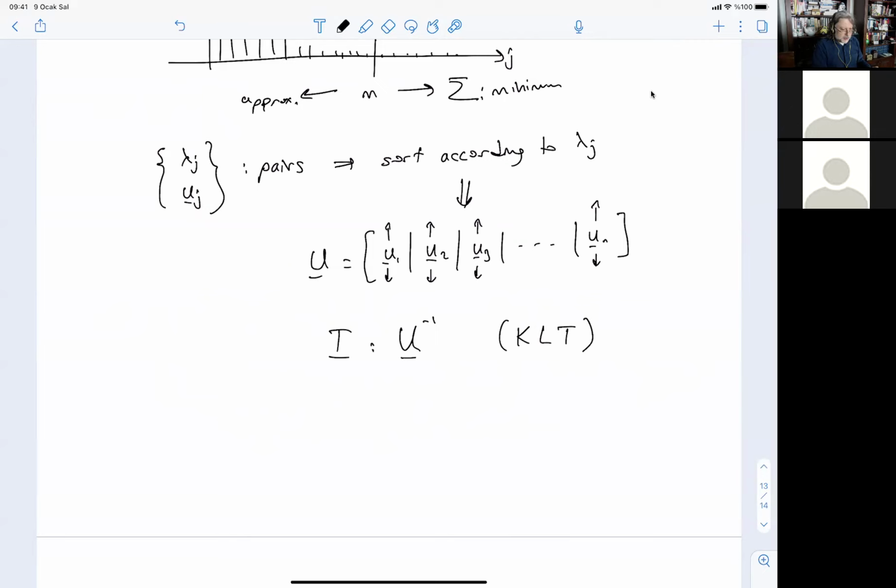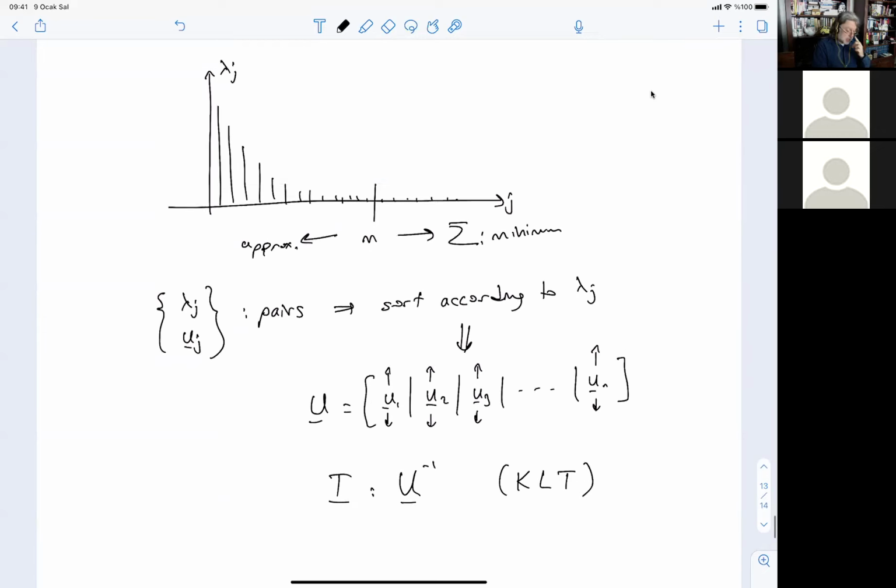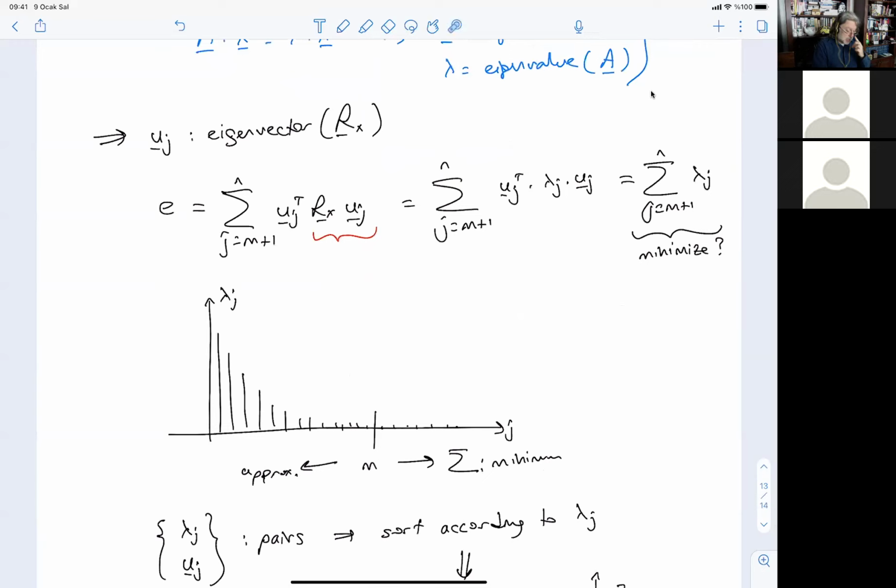So how do we obtain an optimization? We obtain an optimal transform, a statistically optimal transform, if we know the autocorrelation. Of course, the knowledge of Rx is critical here. If you don't have the autocorrelation, or if you cannot approximate the autocorrelation, you cannot design your optimal transform.